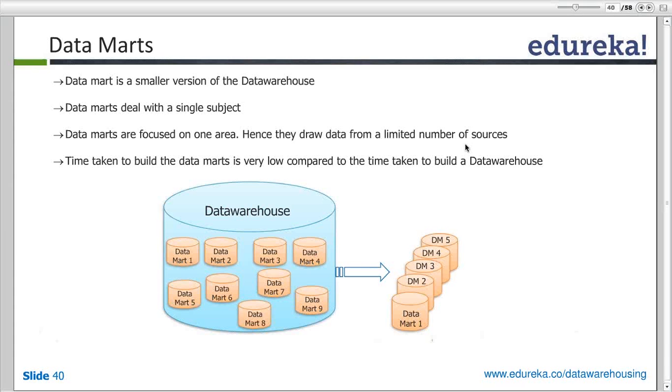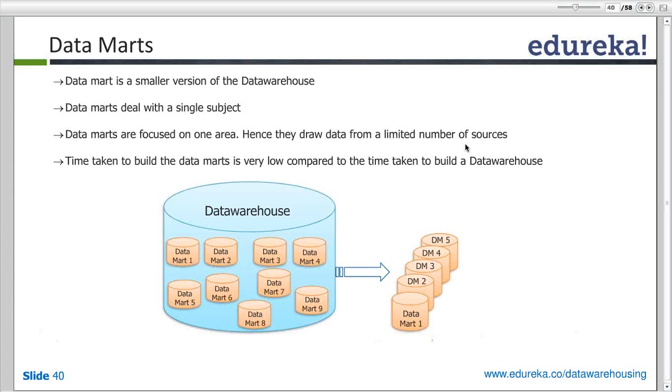That is called a data mart, which will have data from only that department, and it will deal with only that single subject. It won't have a relation with the overall view of the enterprise. So these subject-oriented, subject-specific data warehouses are called data marts.